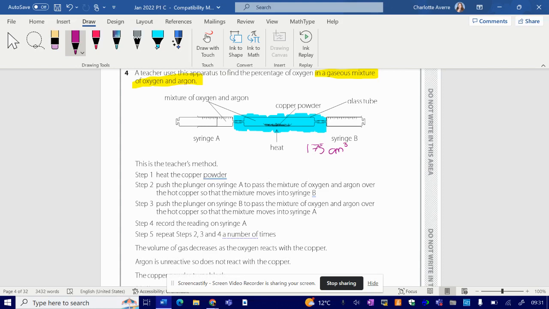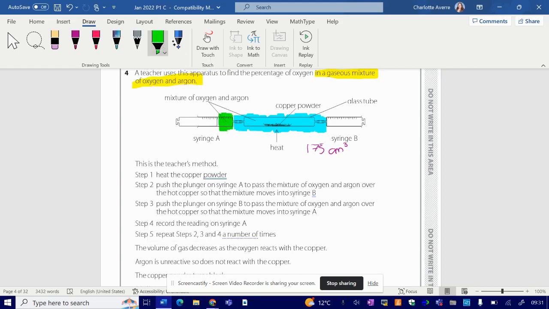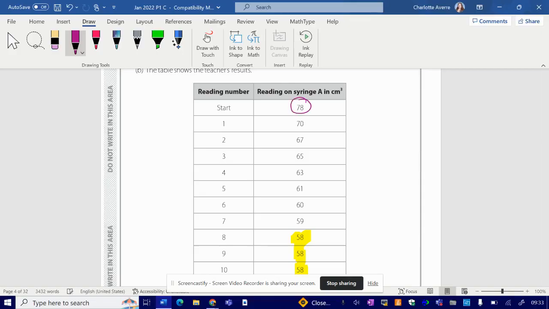We have also got then the gas that is in that syringe. Syringe B is empty. We can see that because the plunger is pushed all the way in. So we've also got the gas that is in syringe A, and our experimental data tells us how much that was: 78 centimetres cubed.